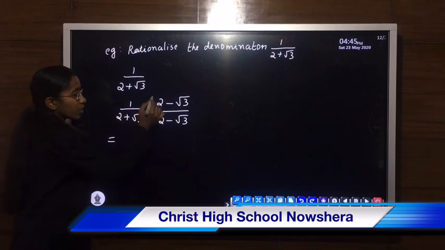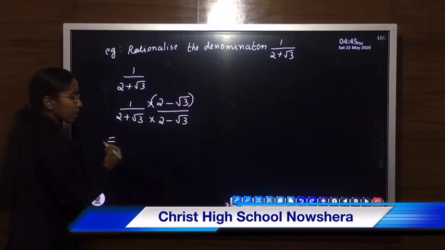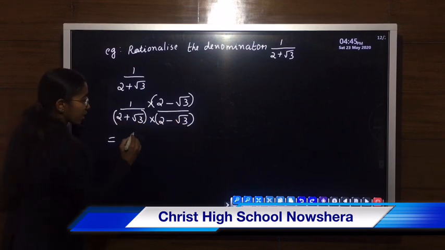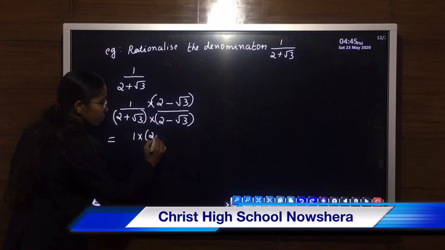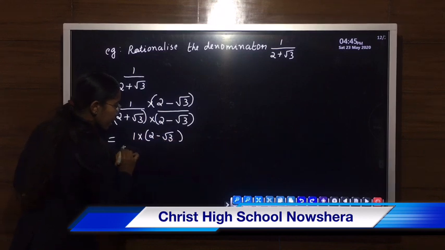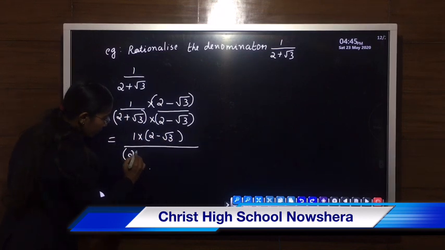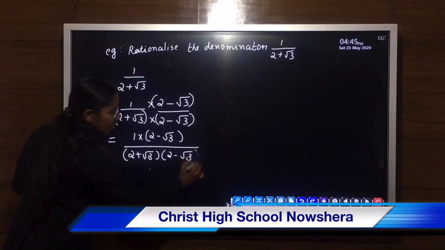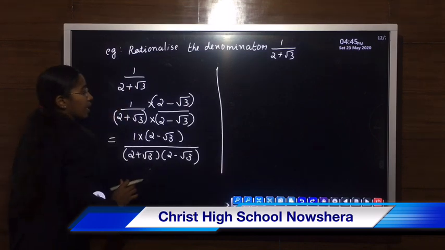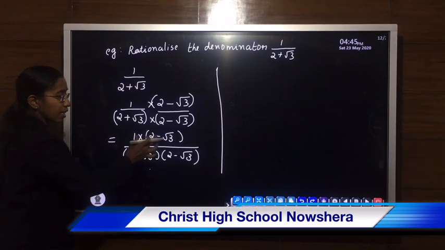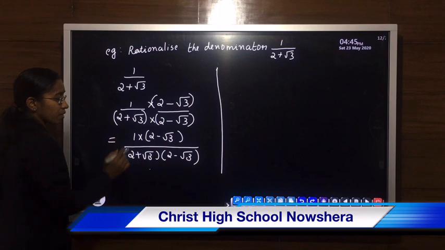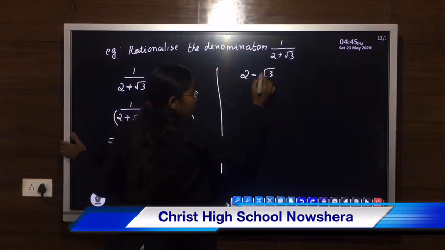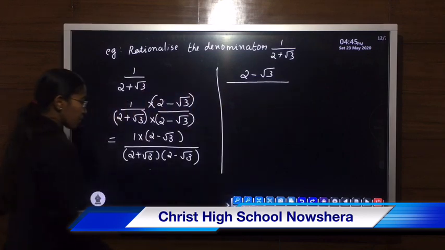Multiplying, 1 into 2 minus root 3 divided by 2 plus root 3 into 2 minus root 3. Any number multiplied by 1 is that number itself, so 1 into 2 minus root 3 is 2 minus root 3 itself, divided by this one.